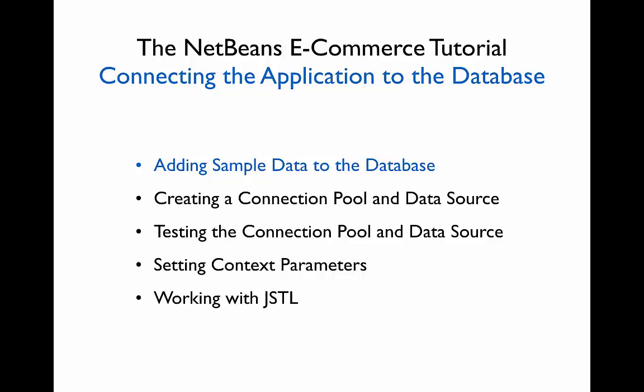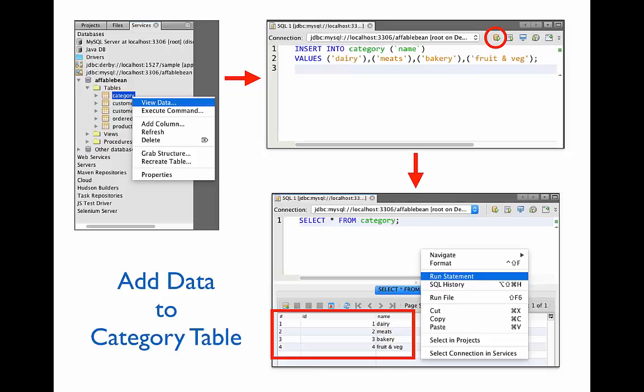First, let's look at how we can add sample data to our database from within Netbeans. The database is already accessible from the Affable Bean project. Here's a simple way to add the 4 categories to the category table. Find the table in the database and right-click on it.